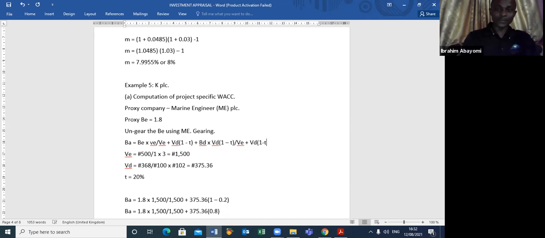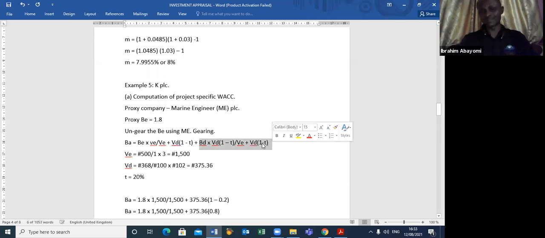This will have been the complete formula we needed to engineer the beta of equity of Marine Engineer PSC. However, we did not use this second part of the formula. Why? We did not use it because beta of debt was not given in this question. This BD here, which represents beta of debt, was not given in the question. So the second part of this formula was not applied.